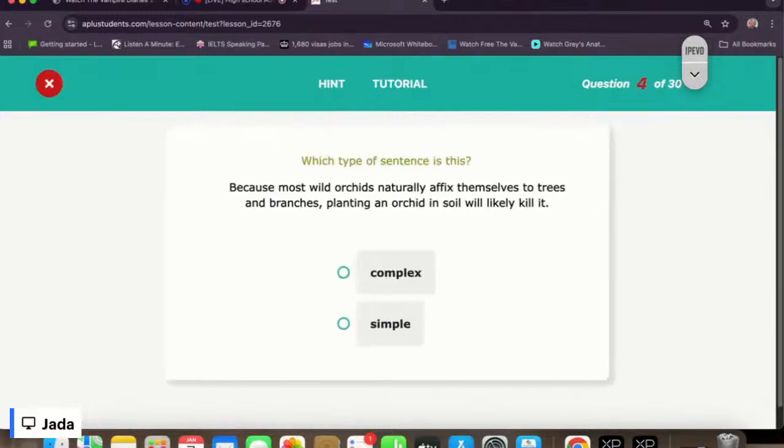Alright, so we have compound. So is it complex or simple here?